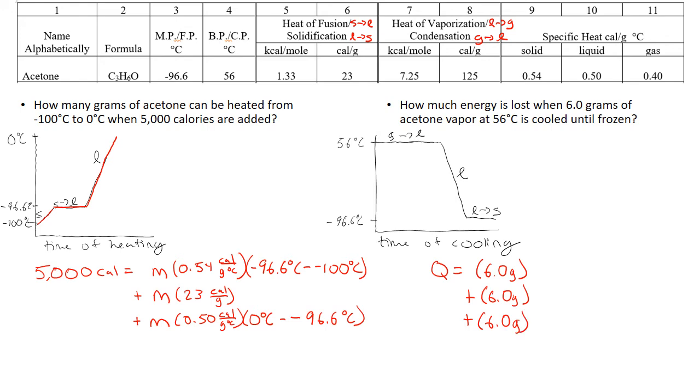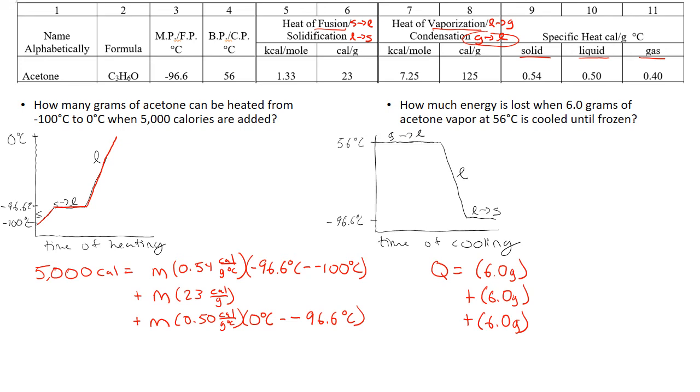The next number should be something off the reference table. If I look at this one, we have gas to liquid. If we go up top here, we find gas to liquid for condensation. Now the nuance here is that fusion, vaporization, solid, liquid, gas, those are the first words at the top of their columns. Those values are going to be positive because you put energy in.